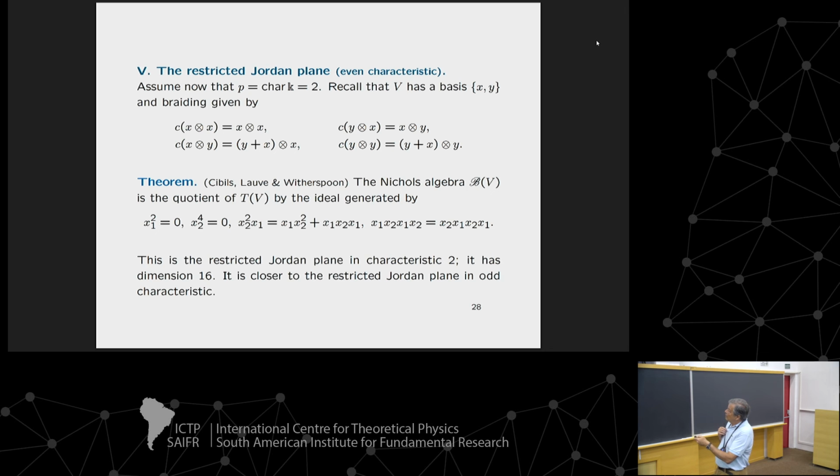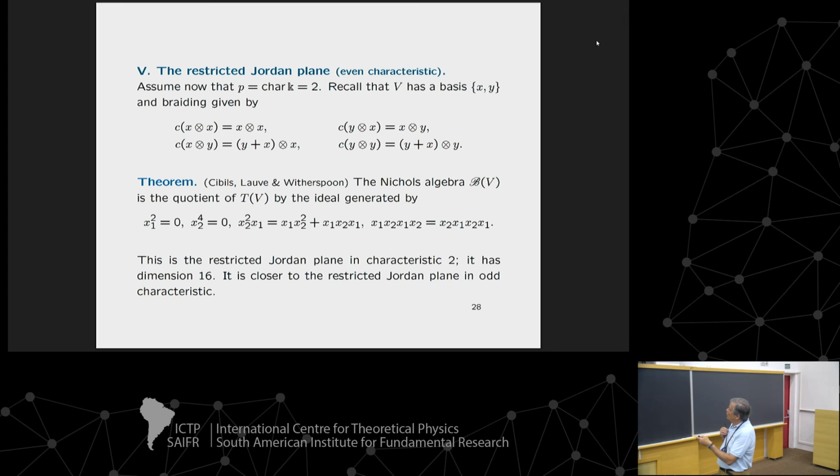Then we have this relation. This is a cubic relation, which is the analog of the cubic relation for the super Jordan plane. And then we have this relation, which is the analog of the relation x1 squared equal to 0. This has dimension 16.